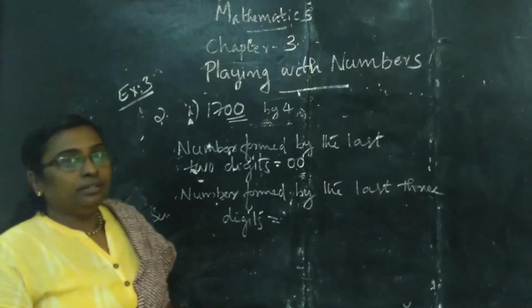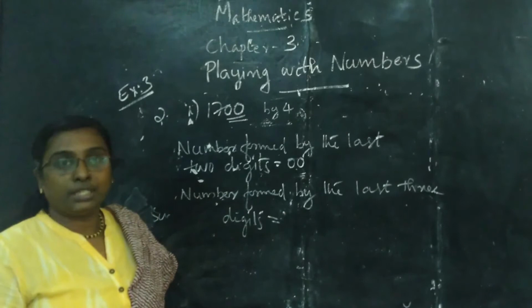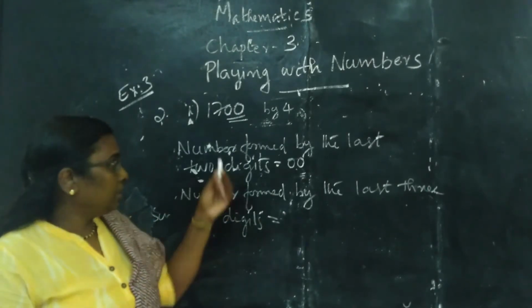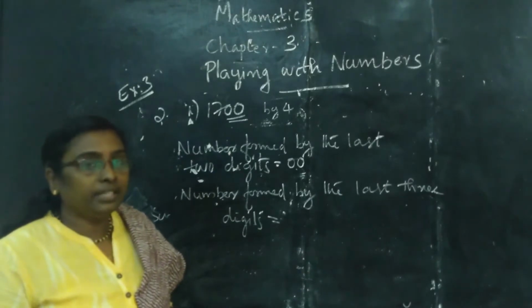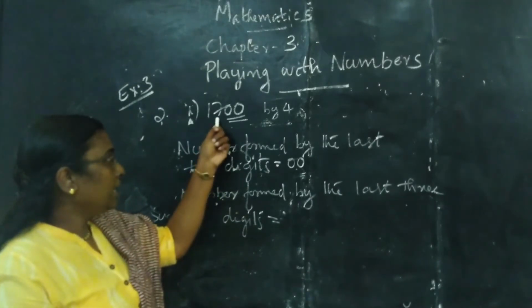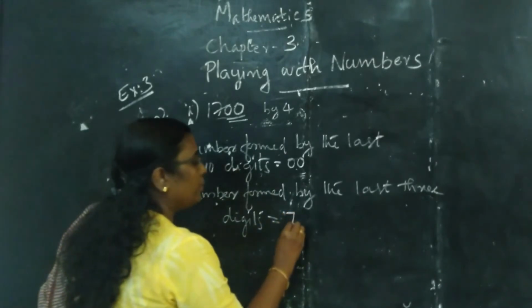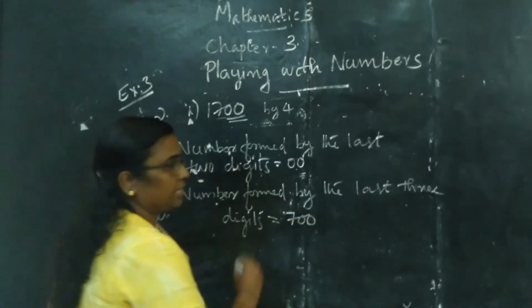The next one, by 8. We have to check by 8. For that, we take the number formed by the last 3 digits. The number formed by the last 3 digits is 700.